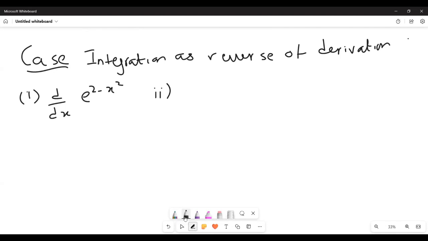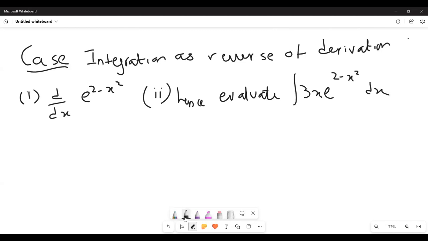And part 2 is evaluate the integration of 3x e to the power 2 minus x squared dx.